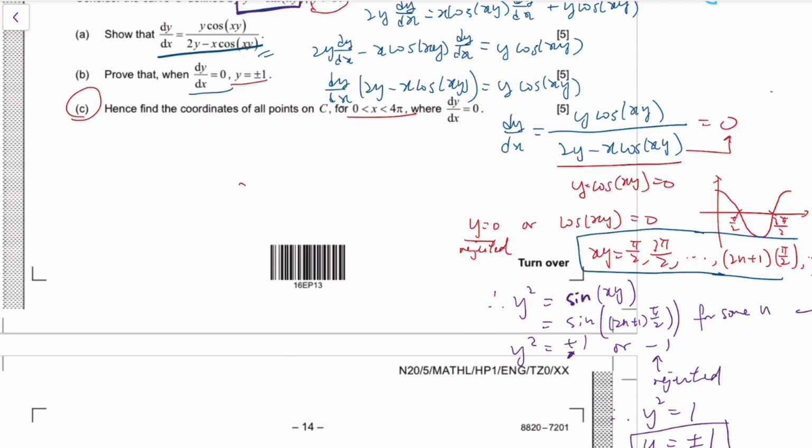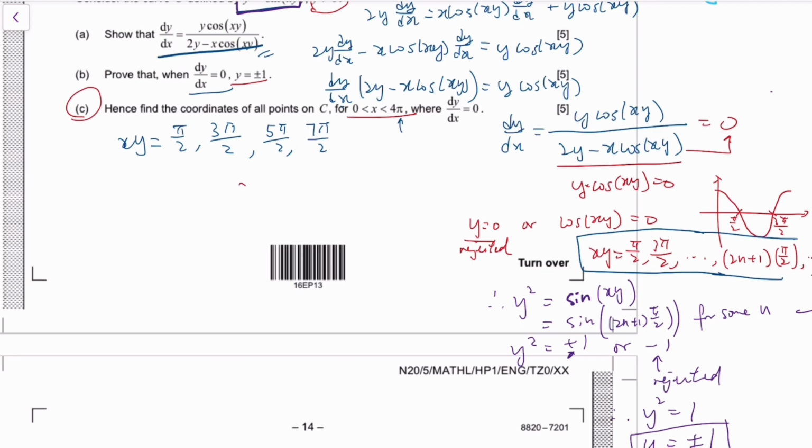We did get the condition that x times y has to be an odd multiple of pi over 2, so it could be pi over 2, could be 3 pi over 2. But it seems like I should go all the way to 4 pi, so I'll keep going. The next is 5 pi over 2, 7 pi over 2. That's 3.5 pi. What's the next one? 9 pi over 2. That's over 4 pi, right?